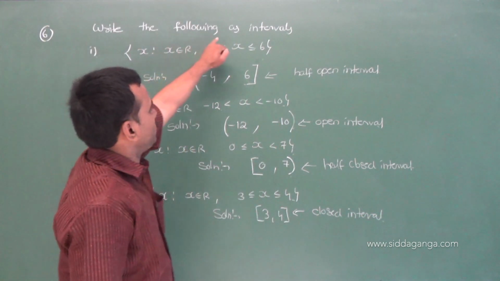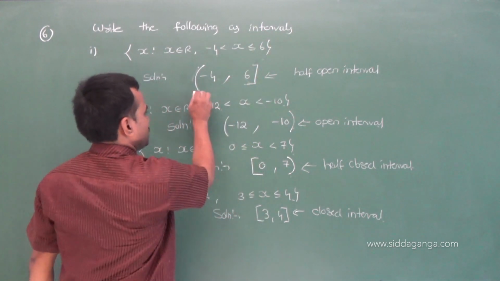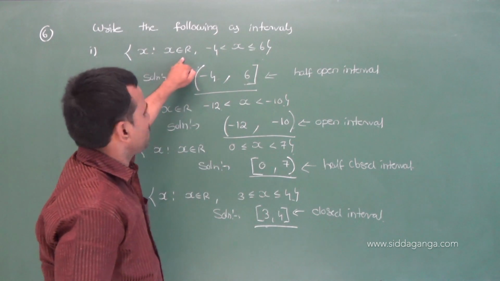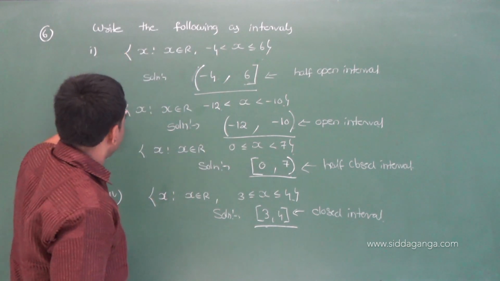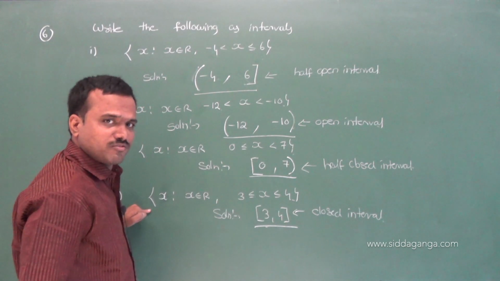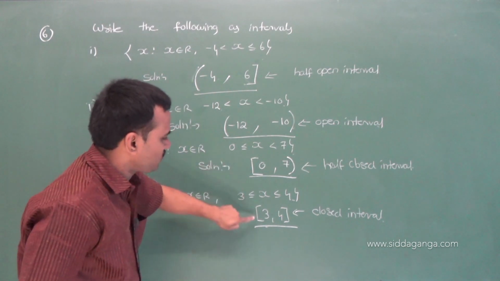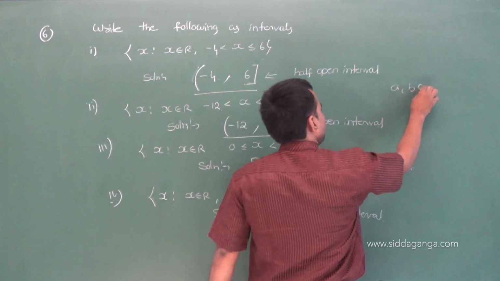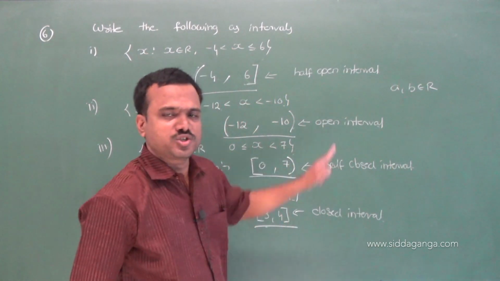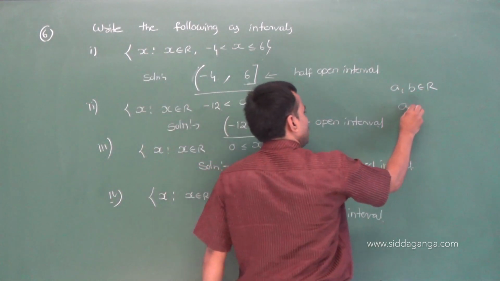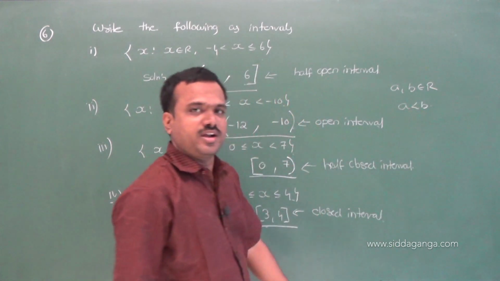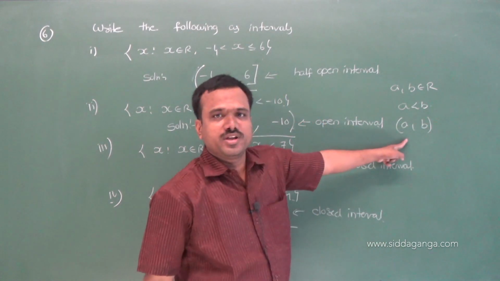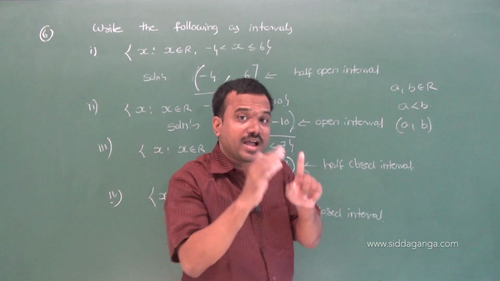See, write the following in terms of intervals. All these we call intervals. So he has given them in set builder form, and we write them in terms of intervals. If I write an interval, these two elements belong to R, and the first element is less than the second element. If I write an open interval, the end points are excluded.